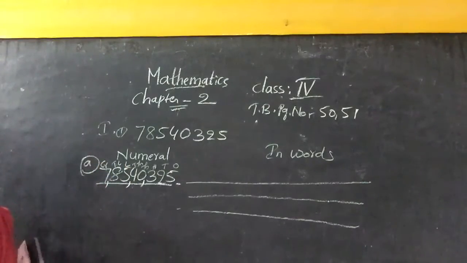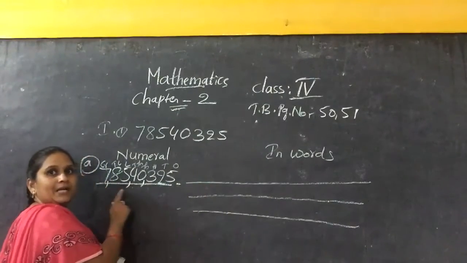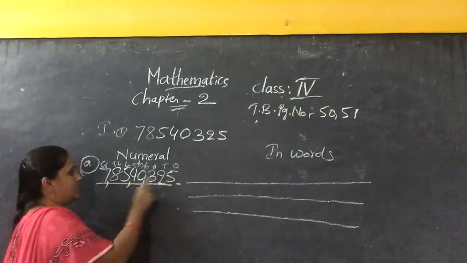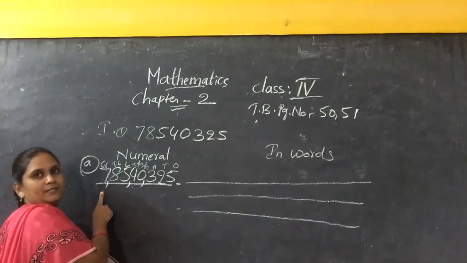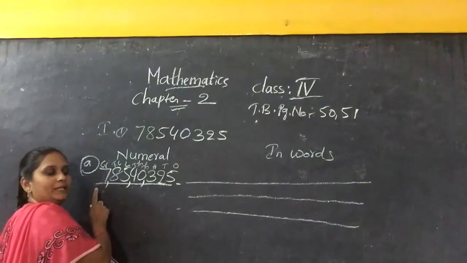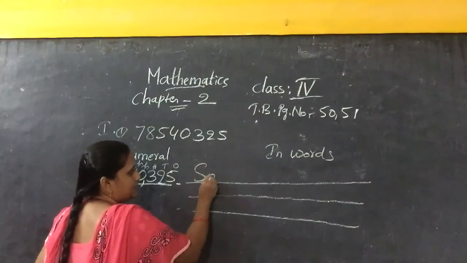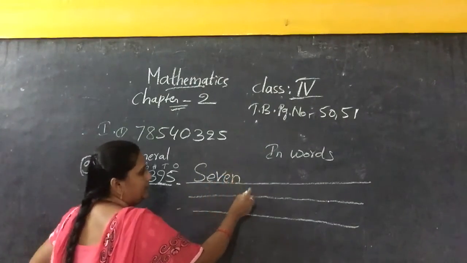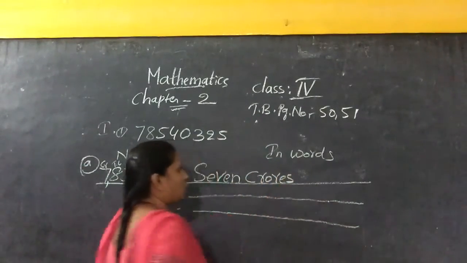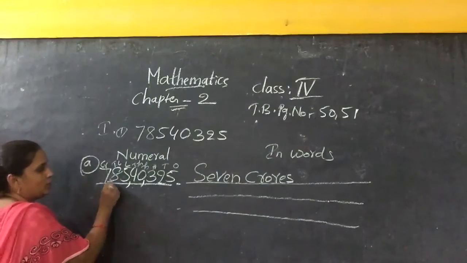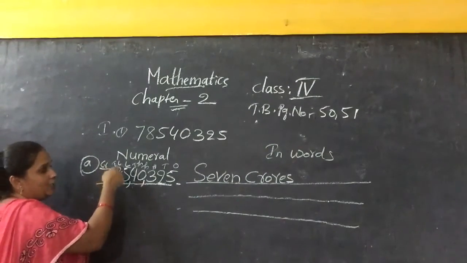Now start writing this number in words, from the crores place value onwards. In the crores place what is the number? 7. So write 7 in words: S-E-V-E-N, 7 crores, C-R-O-R-E-S. Next, together how to read? 85. This 85 is in which place value?